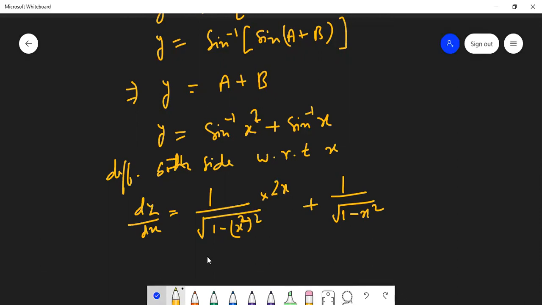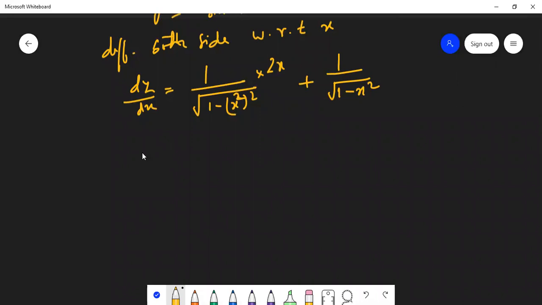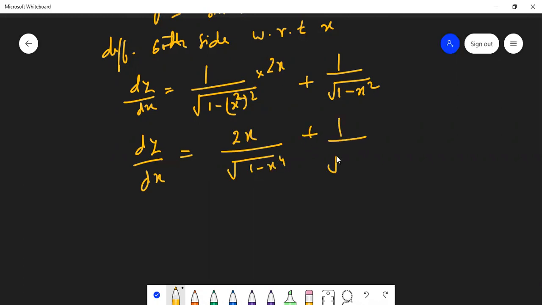Okay, so what are you getting from here? I think you got the answer. So this means dy by dx is equal to 2x by the square root of 1 minus x to the power 4 plus 1 by the square root of 1 minus x squared. This is what you had to prove.